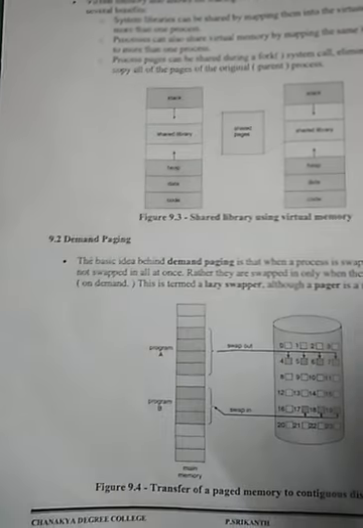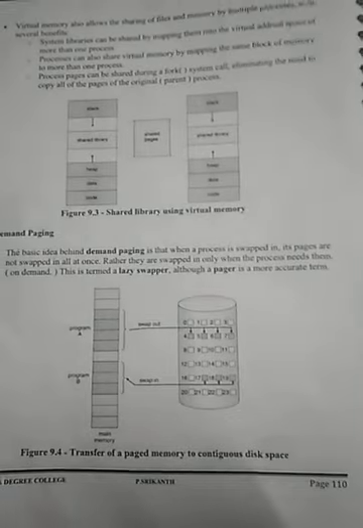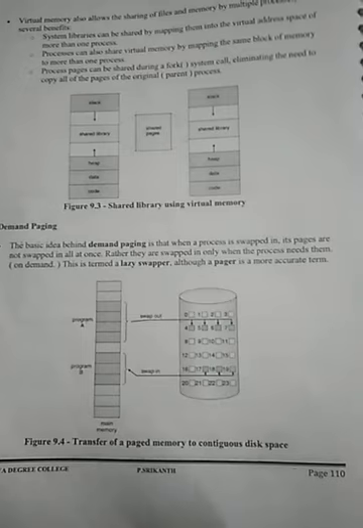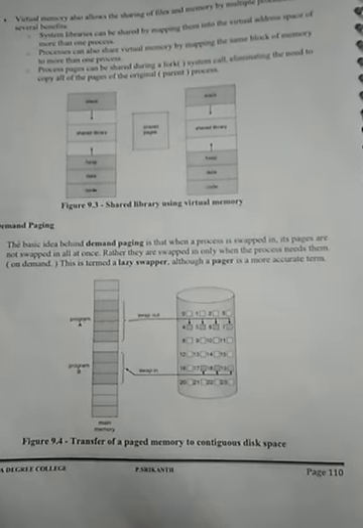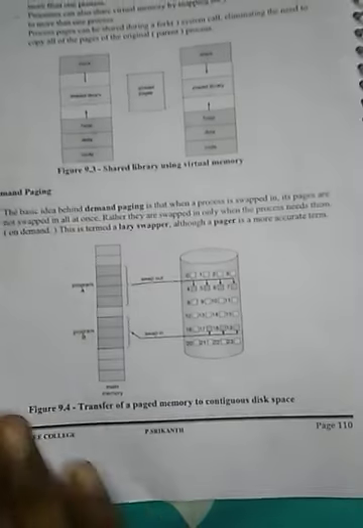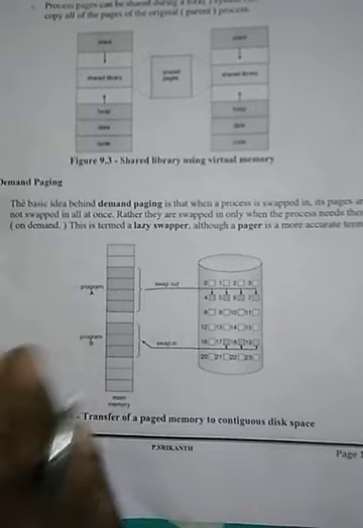So what is demand paging? The basic idea behind demand paging is that when a process is swapped in, its pages are not all swapped in at once; rather, they are swapped in only when the process needs them. When a process is stored in secondary memory because main memory is not enough, and it comes to main memory, it is called swap in.